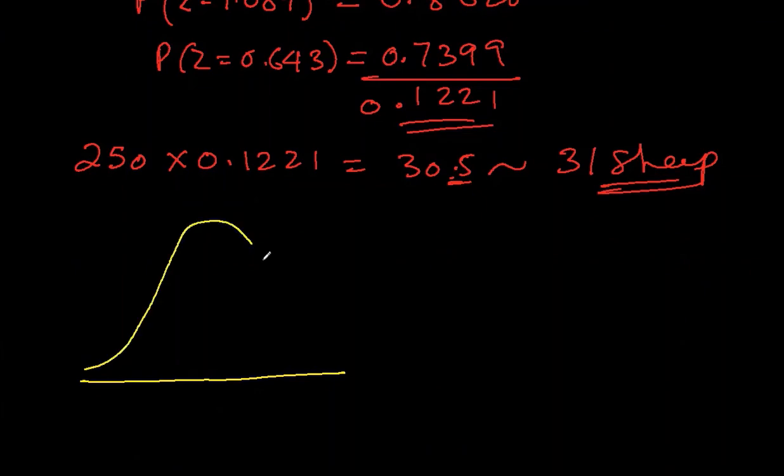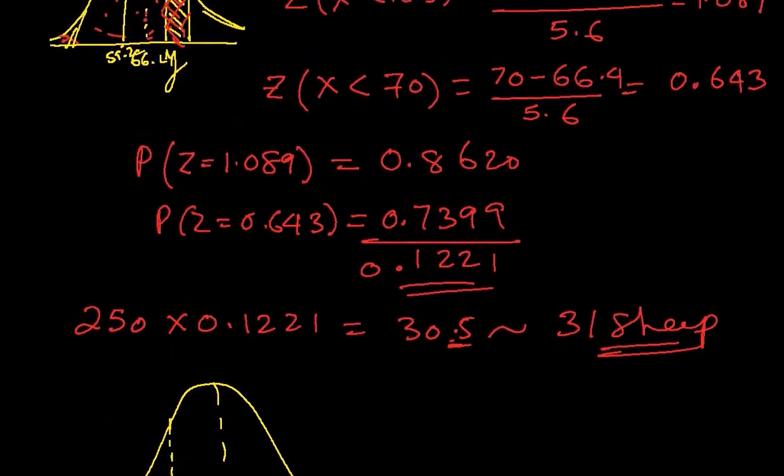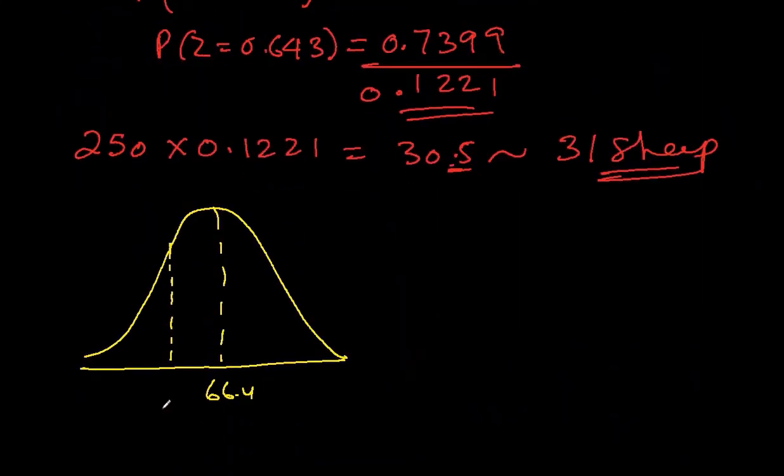This is the mean again, 66.4, and this is 59.2. They're saying the probability that the weight of a sheep is less than 59.2 is the same as the probability of weight y and more.